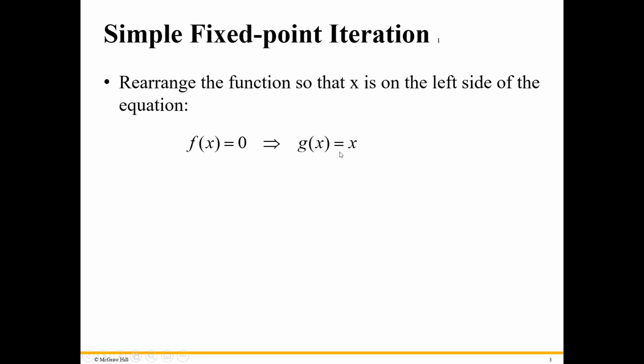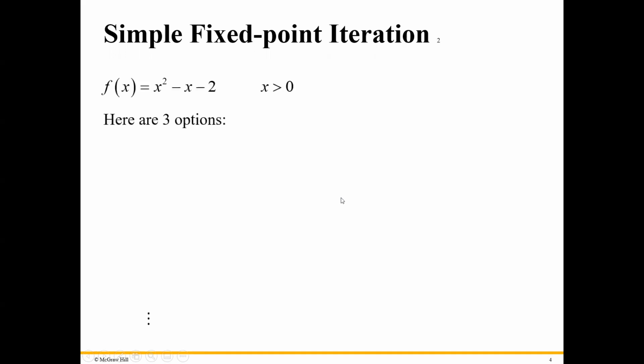That means we rearrange the equation in such a form that on one side of the equation, either the left or right side, only the term x remains, and the other terms remaining on the other side of the equation are calculated iteratively, by using this formula, x_(i+1) is equal to g of x_i. And then we see this with the help of the example.